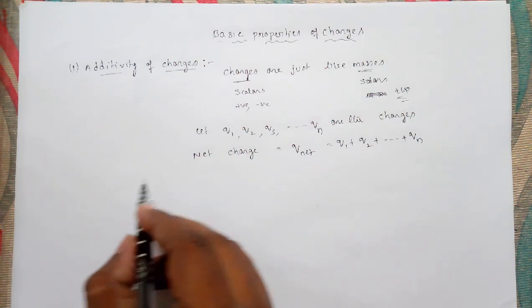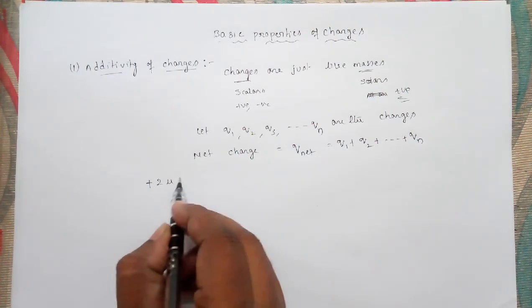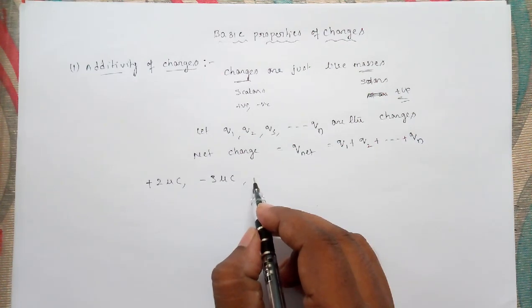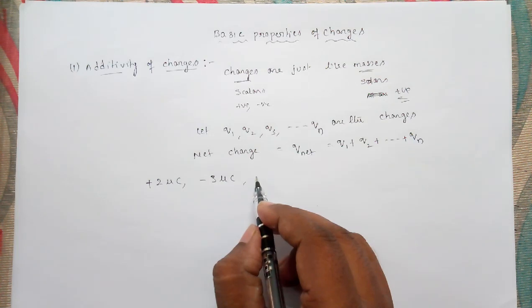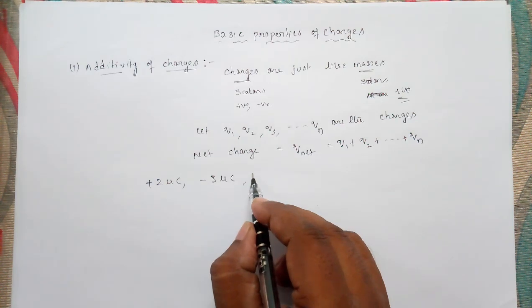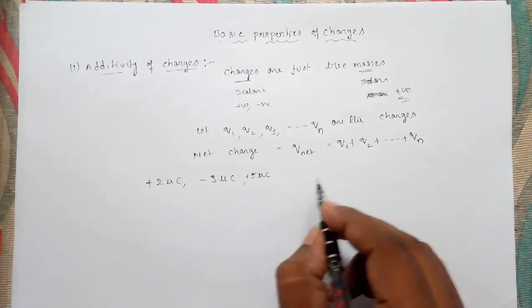Like that, if a system consists of the charges plus 2 microcoulomb, minus 3 microcoulomb and 5 microcoulomb, then we can add the net charge.